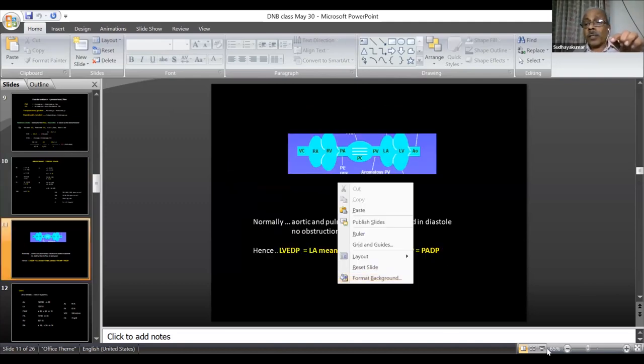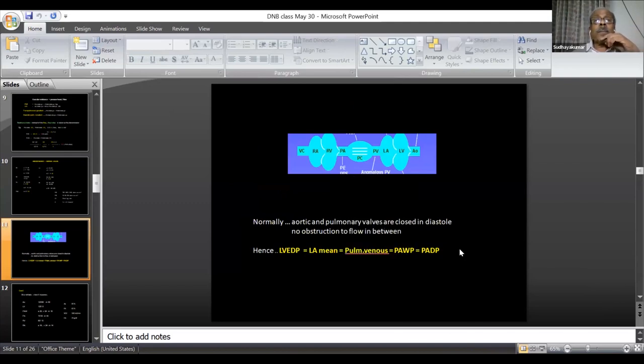Now, this is one thing which you should know. In diastole, the pulmonary valve is closed, the aortic valve is closed, and the mitral valve is open. There is no obstruction in between. From the pulmonary artery through the capillaries to the pulmonary vein, LA, LV, there is no obstruction.